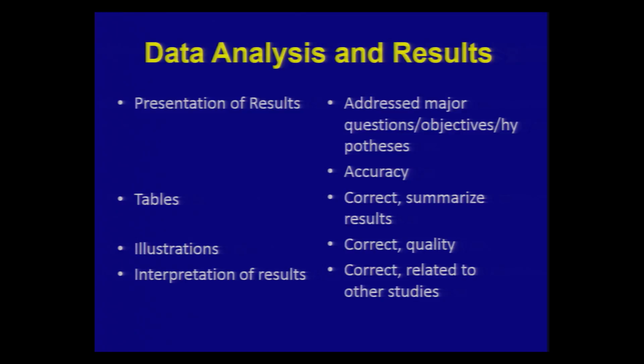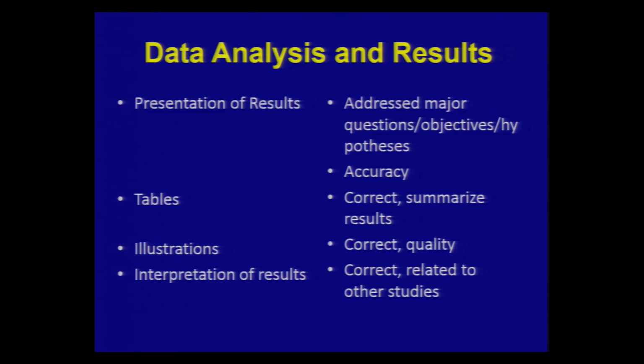Then comes a chapter which is very important in the whole research report, that is data analysis and research results. How the researcher is able to present the analysis and how he is able to interpret the findings of the study.